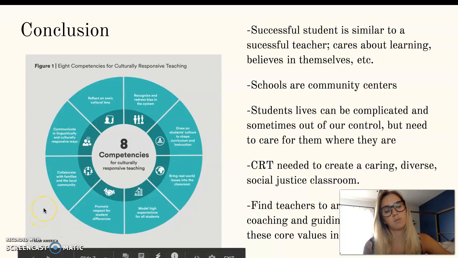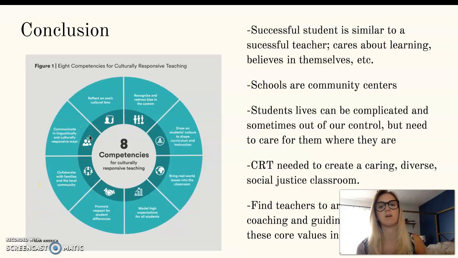So there's so much to break down in this chapter, especially as it kind of wrapped up the entire book. But I loved a chart that they had on successful students is very similar to successful teachers. If you as a teacher do not care about learning, if you do not care about bettering yourself, bettering your students, if you do not believe in your abilities, then how are you going to expect your students to do that, right?